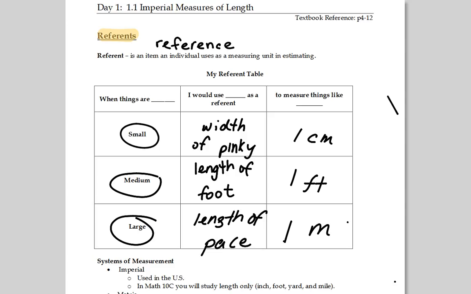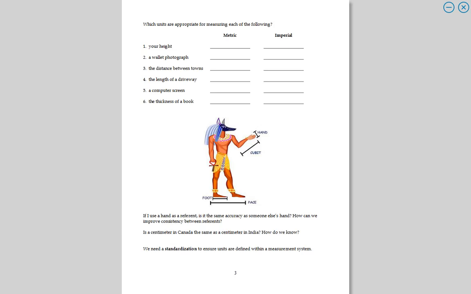Or a yard. If you've ever played pickup football, maybe in elementary school, you'd pace out 10 yards. You'd be like, okay, here's 10. We got to make it that far. Or if you want to go to the 7-Eleven, maybe it's a couple football fields. You guys ever hear that? Well, it's a couple football fields. Okay? So those are referents. Pretty straightforward.